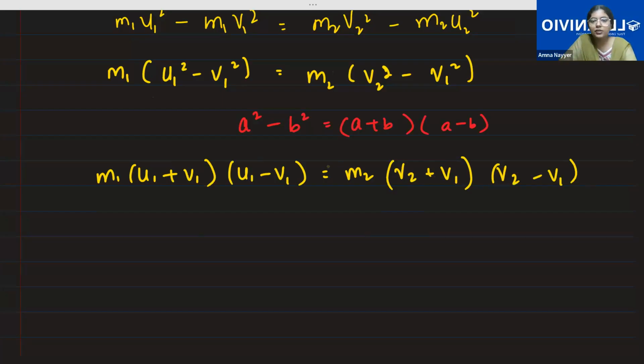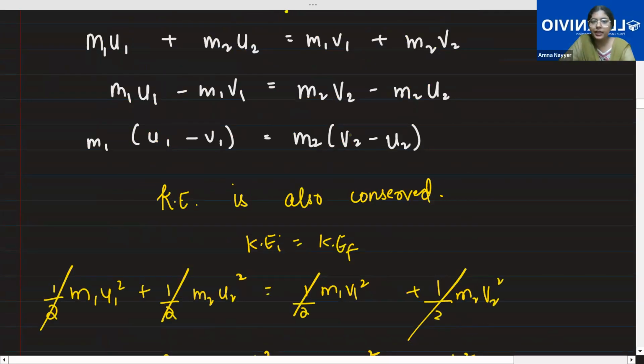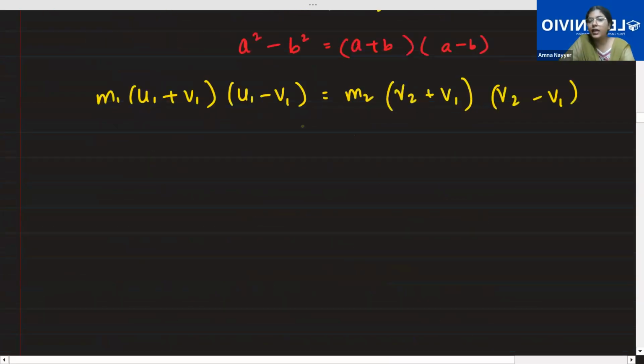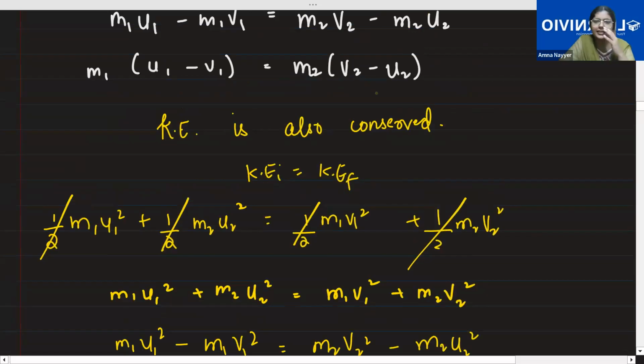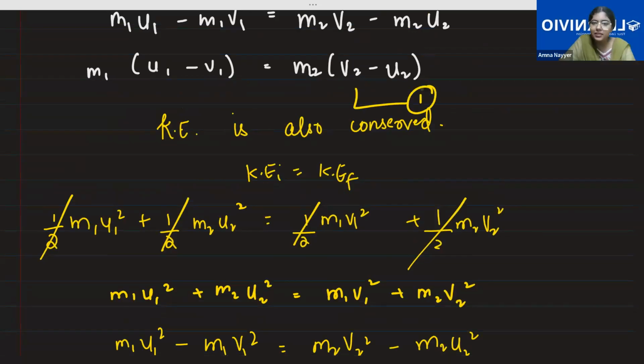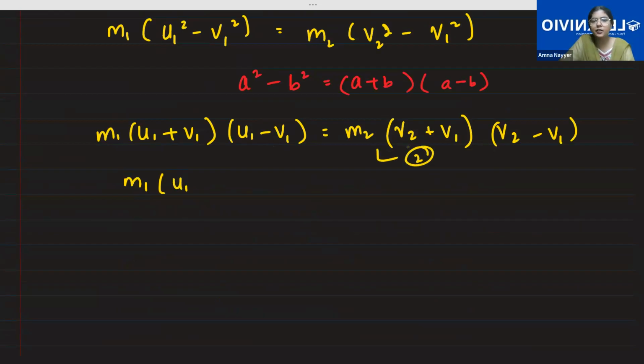Okay. Now let's do one thing. Let's take the ratio of the equations that we have here. This is one equation, m1 into u1 minus v1 equal to m2 into v2 minus u2. Let me take this as my second equation.